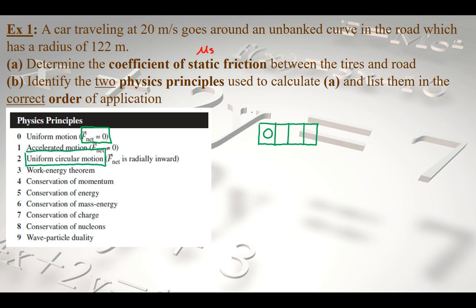So in the correct order of application, we used uniform motion, F net or sigma F equals 0, to get the expression for the normal force. And then we used the uniform circular motion equation to eventually figure out what the coefficient of static friction was. So in order, principle 0 followed by principle 2.